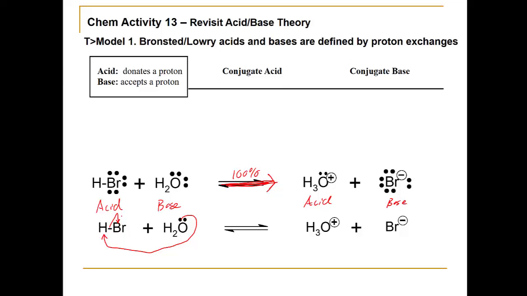Now one of the things that was introduced in first year is this idea of conjugate acid and conjugate base pair. And so while in the overall reaction I've labeled HBr as an acid reacting with water as a base, we can also talk about the fact that HBr has a corresponding conjugate base, and its conjugate base is the bromide ion. So it's not that HBr reacts with bromide, but rather when HBr donates its proton, the resulting base is the bromide ion.